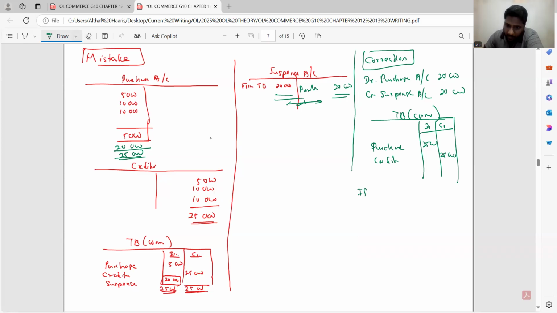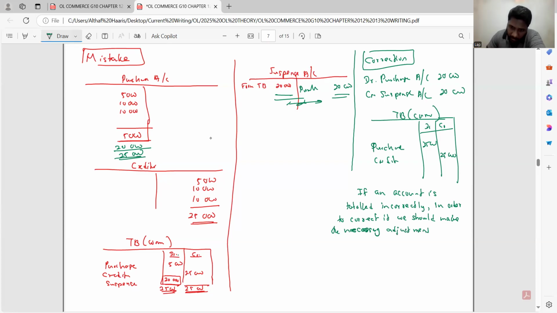If an account is totaled incorrectly, in order to correct it, we should make the necessary adjustment to take it to the correct total.